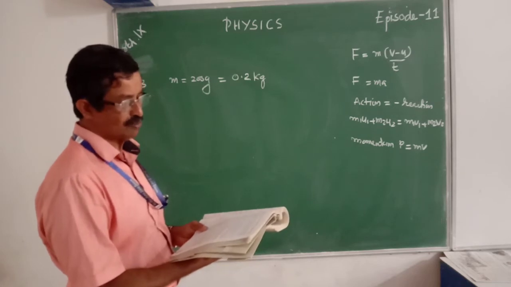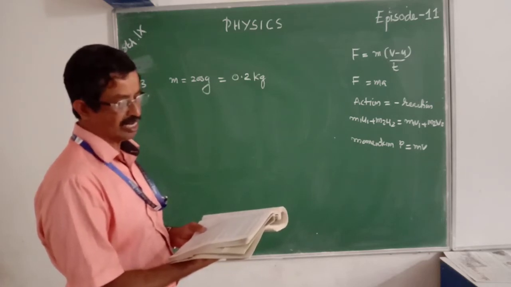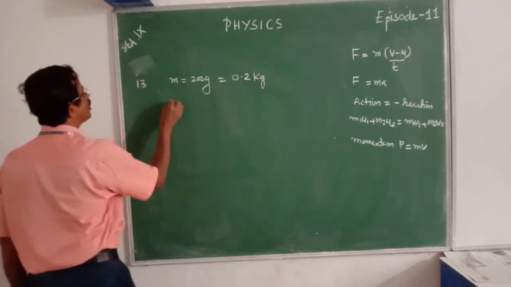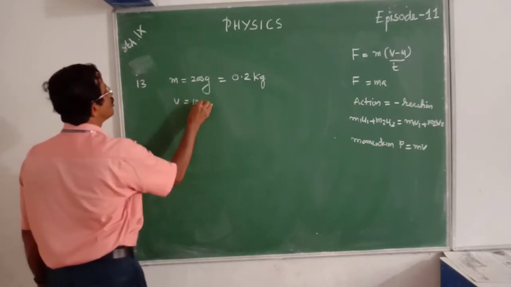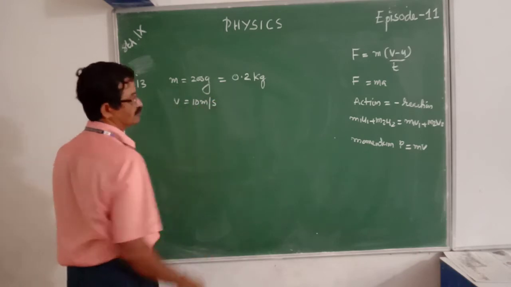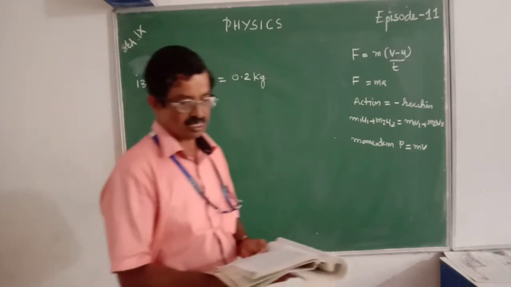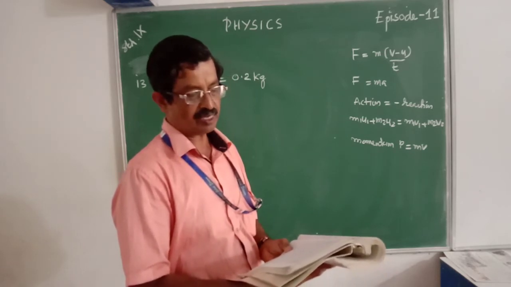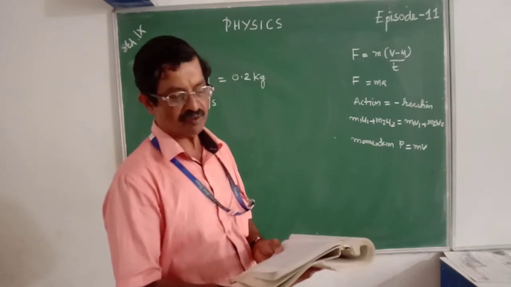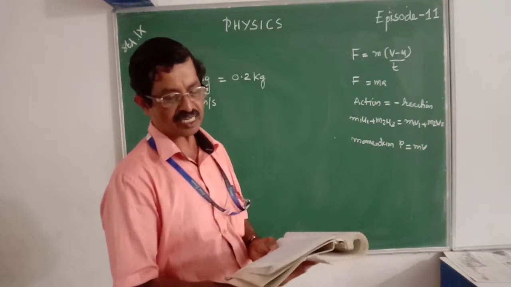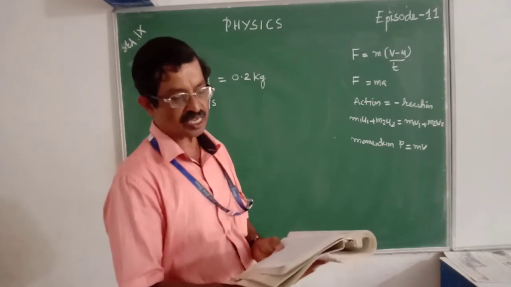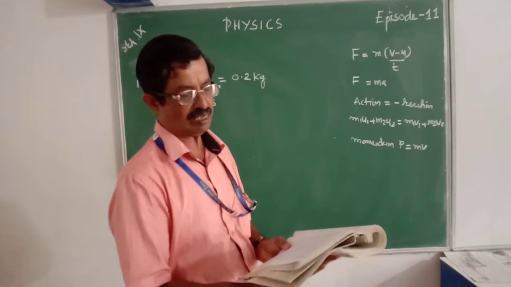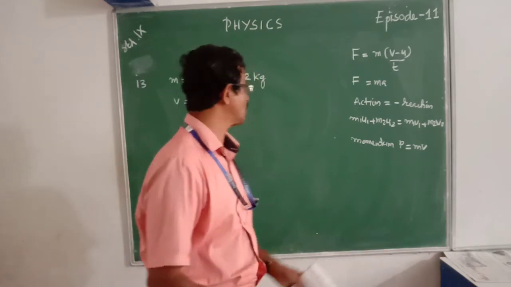A hockey ball of mass 200 gram, traveling at a speed of 10 meter per second, is struck by a hockey stick so as to return it along its original path with a velocity of 5 meter per second.